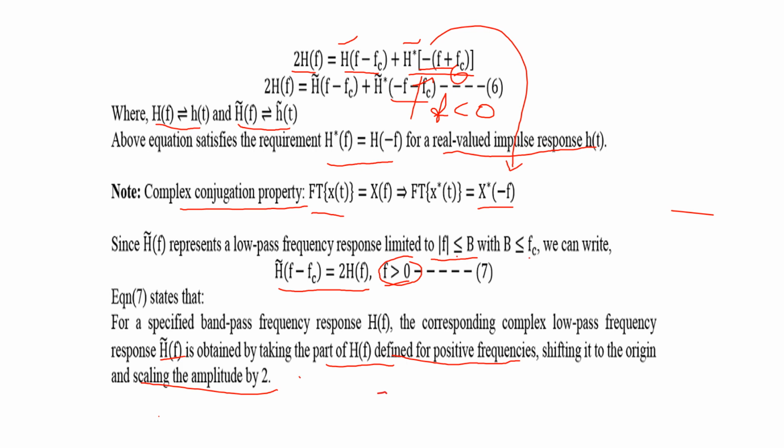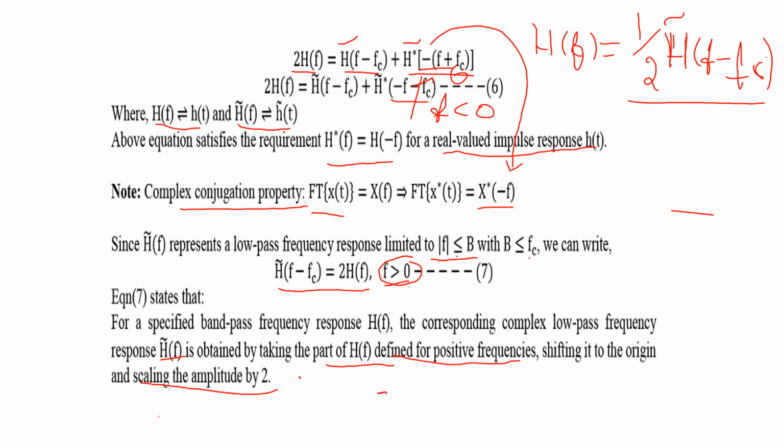So what is h of f from this equation? h of f is equal to 1 by 2 of h tilde of f minus fc, the complex low pass response. This is what the sentence is about: shifting to the origin and scaling by 1 by 2 will give h of f.